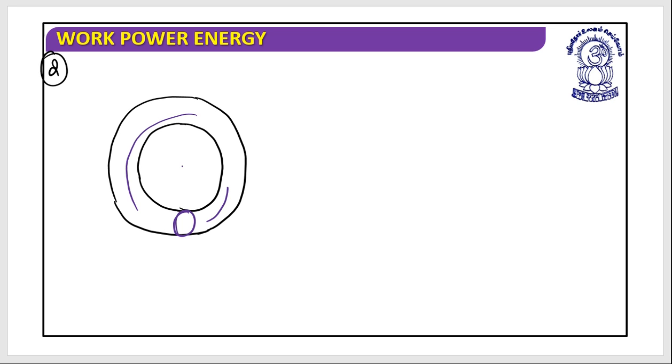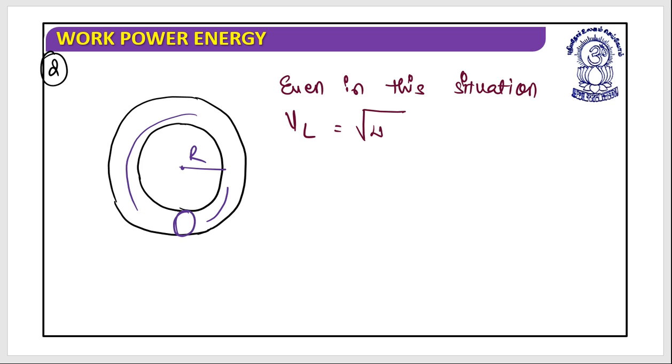This is the circle of radius R. Even in this situation, V at least could be root of 4gr. It is possible that the velocity at maximum height is 0, but it is not going to leave the trajectory.